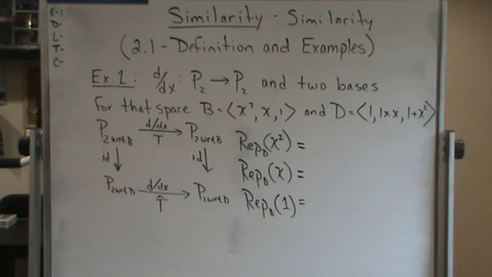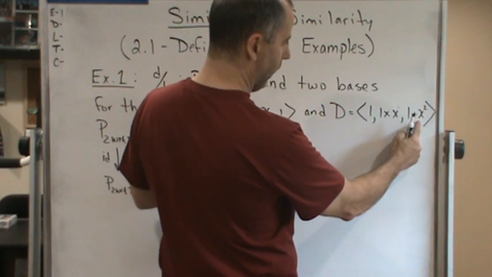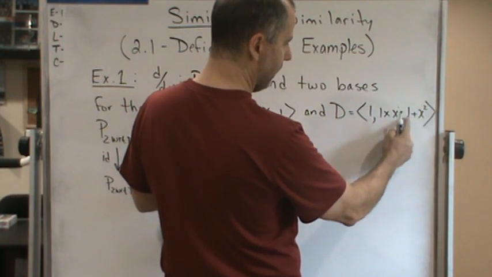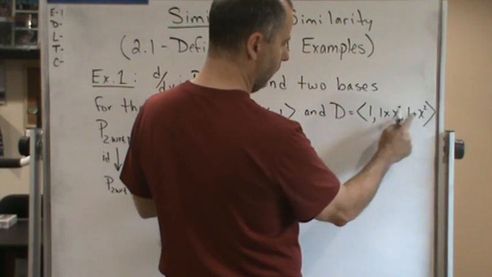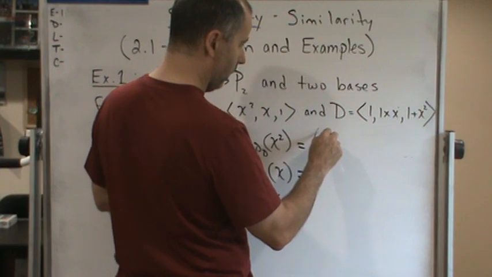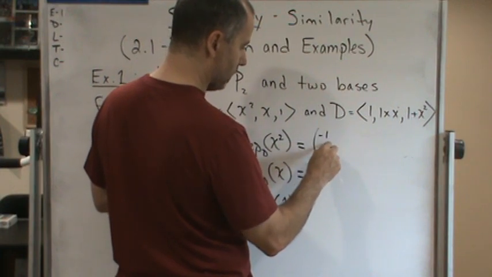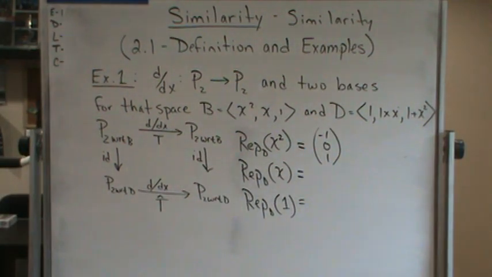Here we want x squared. So we want this, but we want to get rid of the 1. So we're going to have a minus 1 here and a positive 1 here. That's going to give us minus 1, 0, 1. Okay, that'll get us x squared.